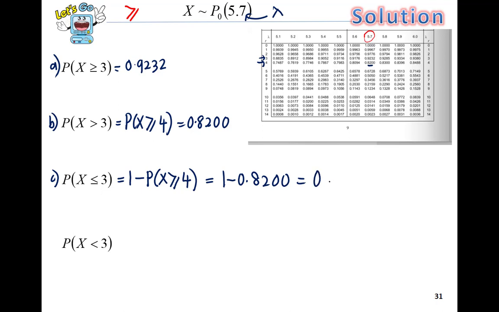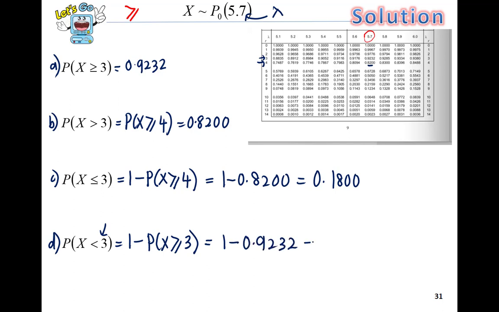The answer will be 0.1800. Question D, less than 3. Still we do 1 minus the probability of X greater than or equal to. Since 3 is not included, we are going to reject 3. So our working will be 1 minus 0.9232, which is 0.0768.